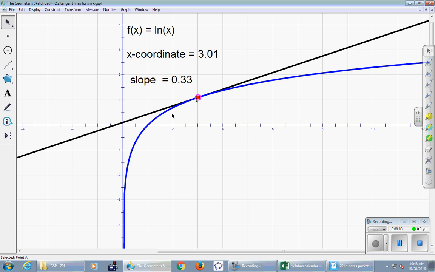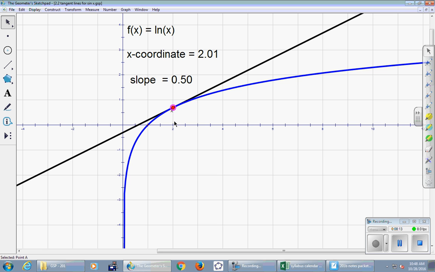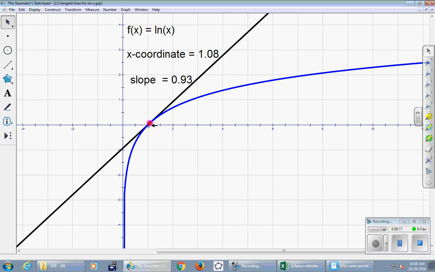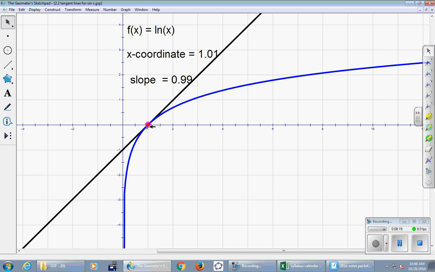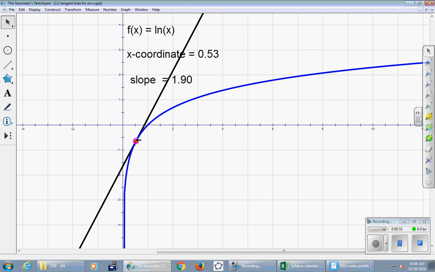If I went to x equals 2, 1 over 2, something like that. Slope is a half. If I went to x equals 1, what's the slope there? 1, that's good. What if I went to x equals a half? What's the slope? Yeah, 1 divided by x, 1 divided by a half. It's 2. And that makes sense because the ln gets steeper and steeper over here, right?